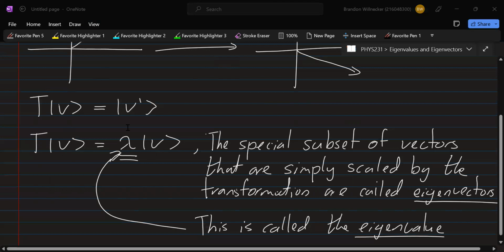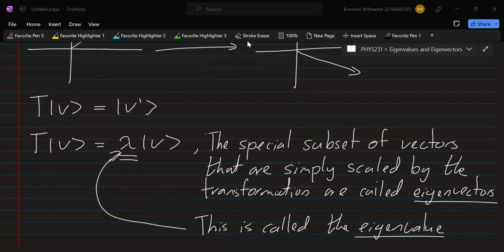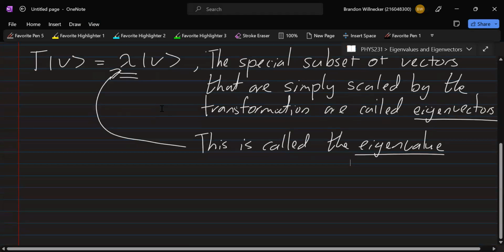Now, given a particular transformation or particular linear map, we would like to find what are these eigenvalues and eigenvectors. Okay, so we start by trying to find a way of working out what these eigenvalues and eigenvectors are, and then we'll see what we can do with them. Okay, so they have pretty nice applications.